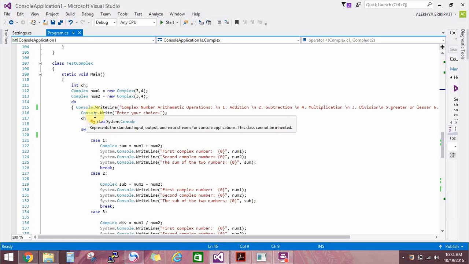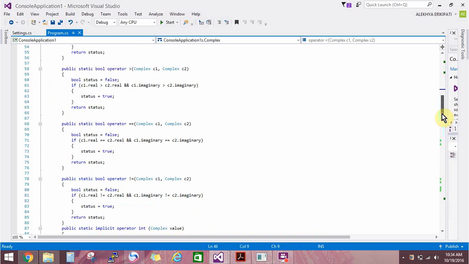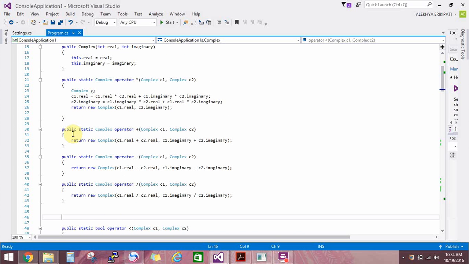When it starts compiling, it displays the addition, subtraction, multiplication, division and greater than, less than or equality option. When we give the option, it goes inside the switch case and it says sum equals num1 plus num2. So automatically the program will go to the function plus here.